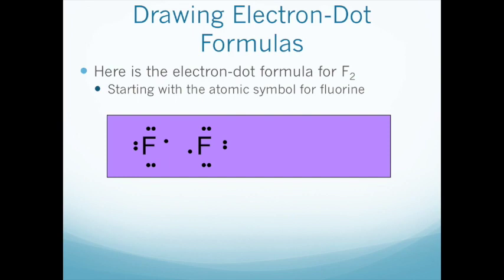What happens is the unpaired electrons are attracted to each other because they have opposite spin, even though they repel each other a little bit. They attract each other enough to exist in the space between the fluorine atoms and pull them together, which leads us to draw a bond between the fluorine atoms.